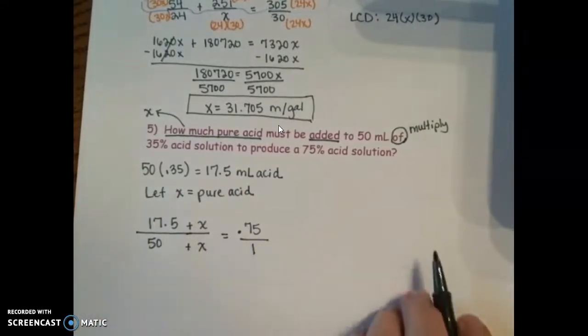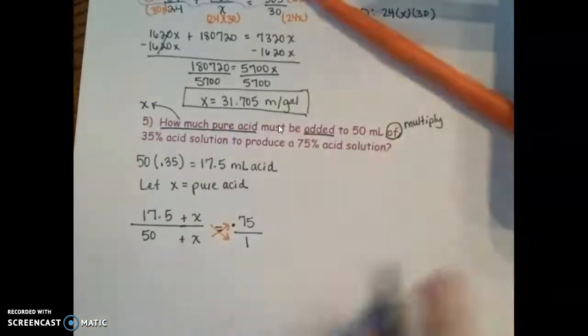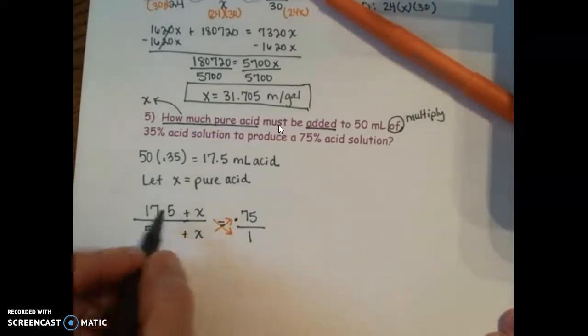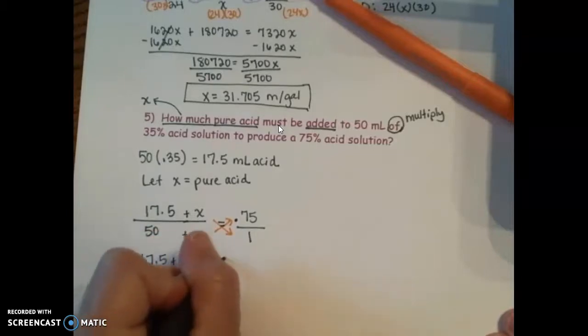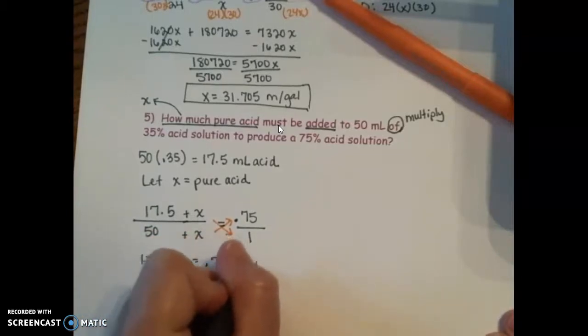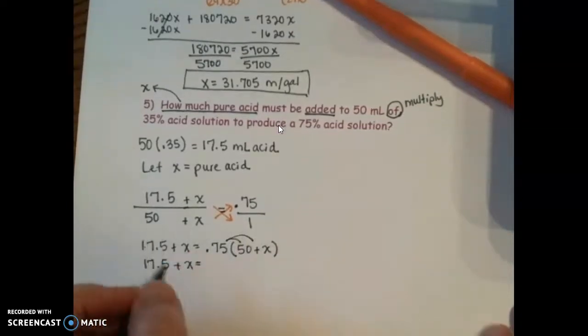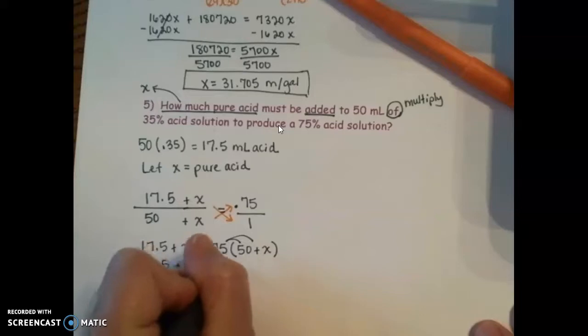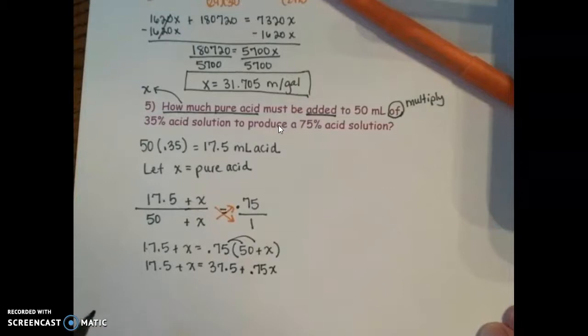I'm going to put this over 1 for a fraction, and then I'm going to cross multiply since it's a proportion. So 1 times this will be 17.5 plus x, and then we're going to have 0.75 times 50 plus x. So 17.5 plus x equals, we're going to distribute here, 37.5 plus 0.75x. Then we want to solve for x, so I'm going to subtract 0.75x.